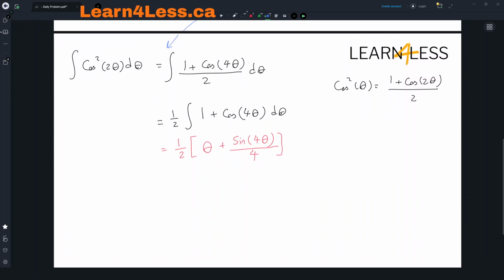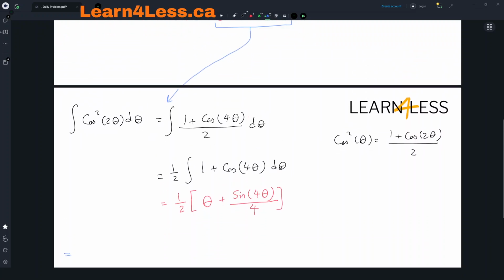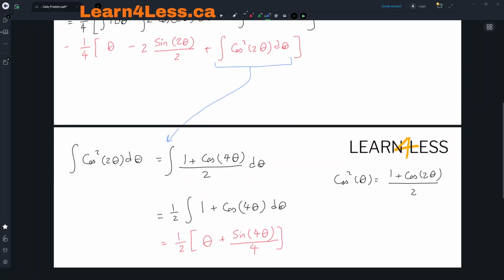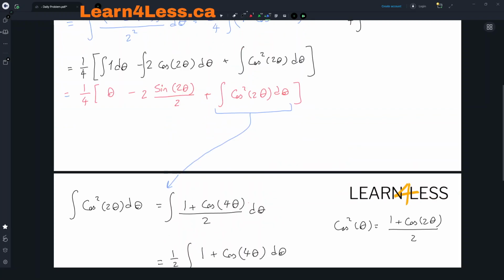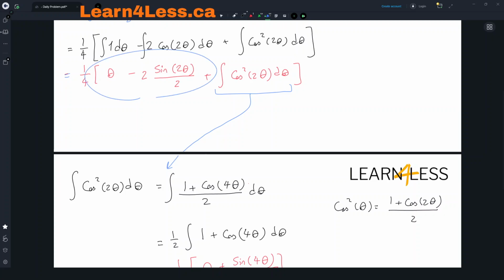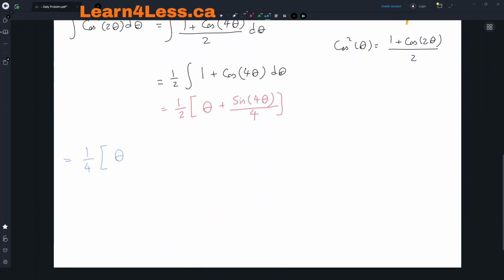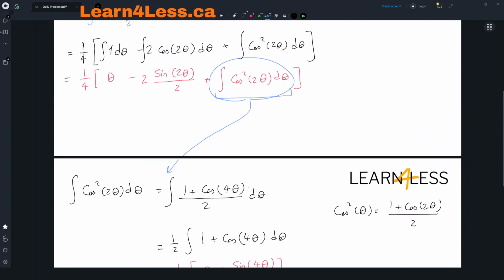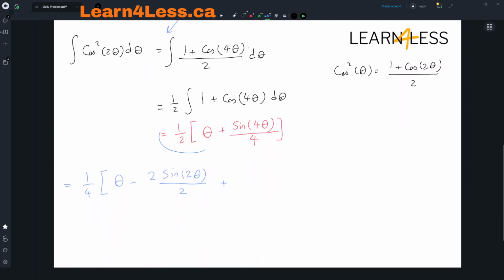Now if I write the whole answer again, we had a quarter times theta, I'm just writing this term, minus 2 sine 2 theta over 2, plus the last integral, which we evaluated here.